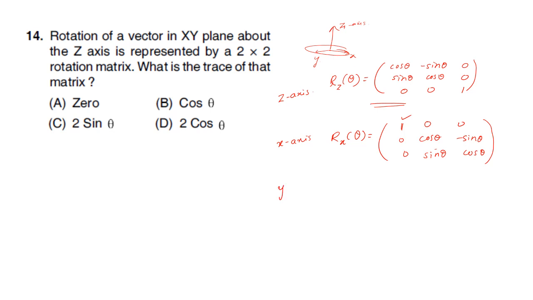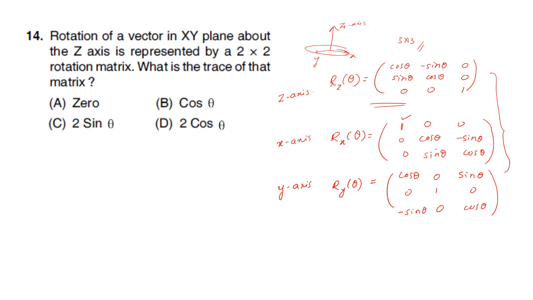Then if it is about the y-axis, the rotation matrix about the y-axis R y theta is given by cos theta 0 sin theta, 0 1 0, minus sin theta 0 cos theta. All these are very important. So these are the 3 by 3 rotation matrices.